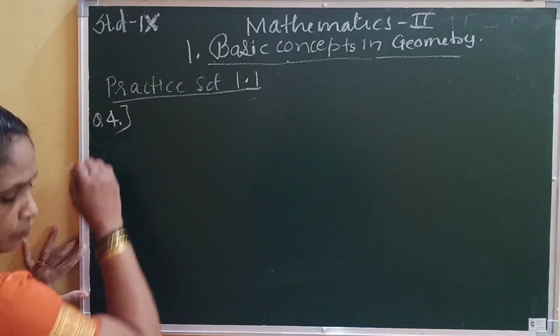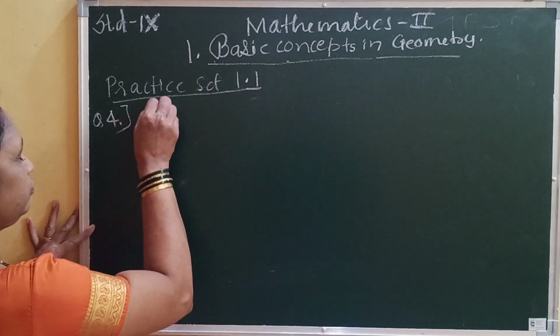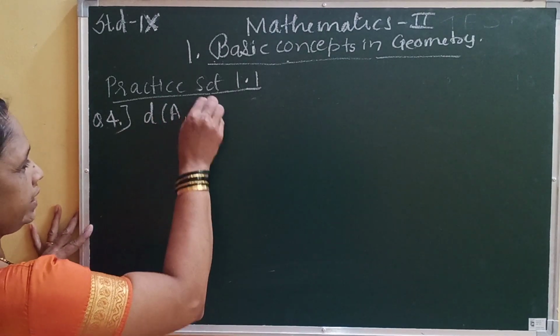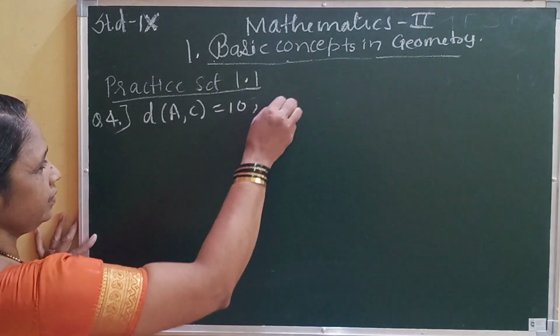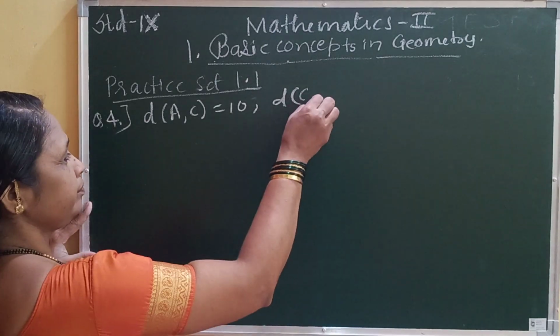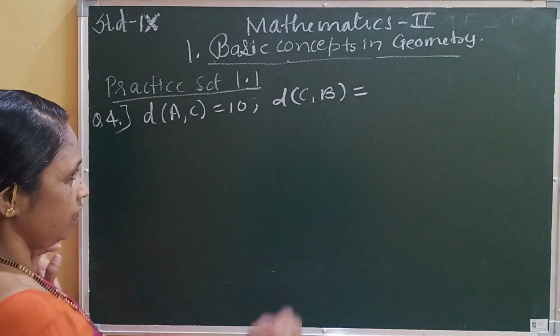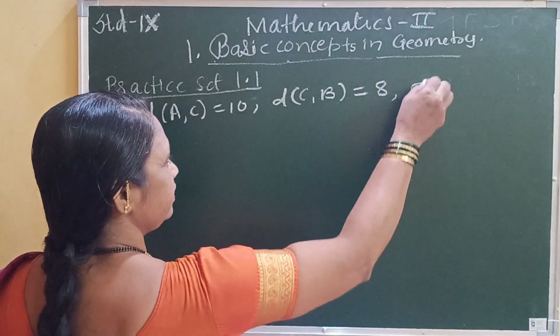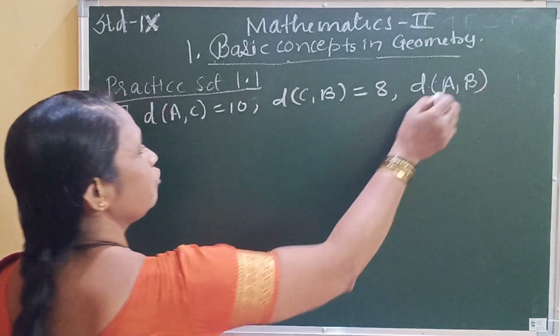What does question number 4 tell? Distance AC is given as 10, and distance CB is given as 8. And distance AB you have to find out.